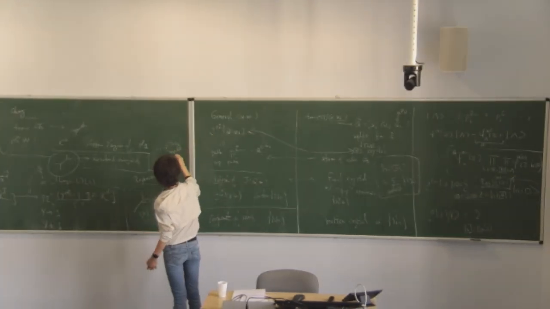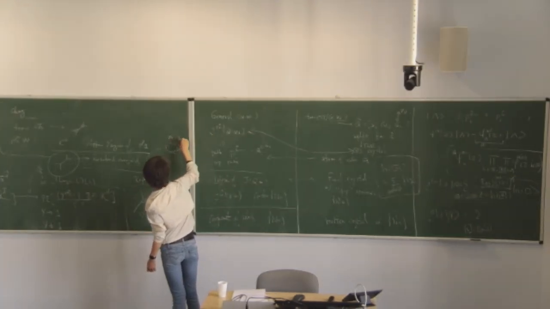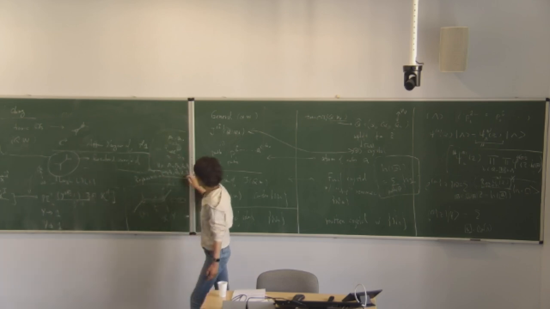You have two vertices and this pair of arrows, and the superpotential is like this: A1, B1, A2, B2 minus A1, B2, A2, B1. You can plug this into the quiver Yangian, so you have an algebra.